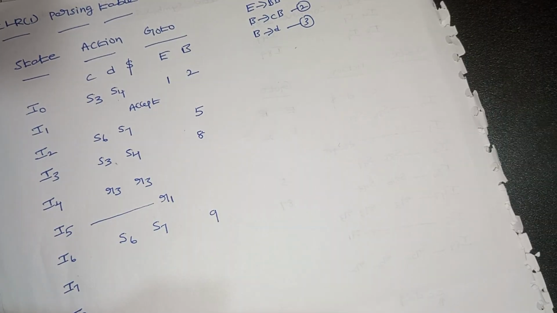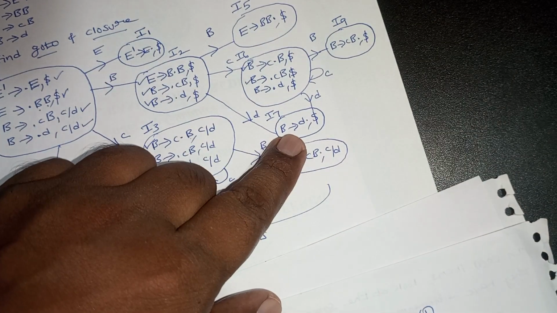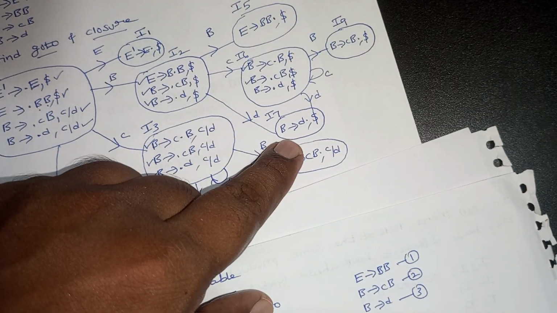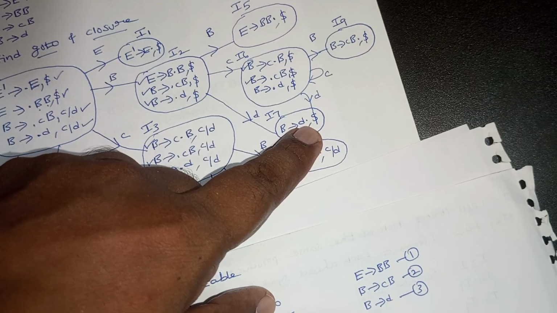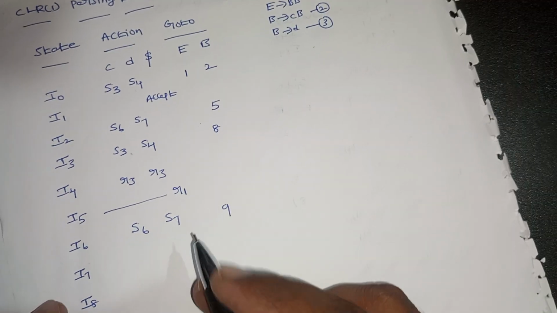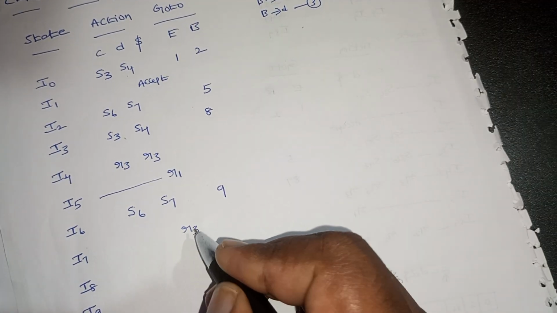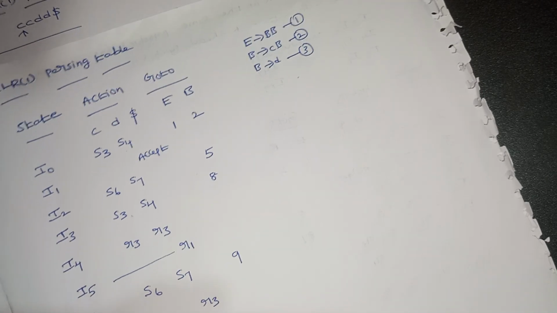What about I7? I7 is R3. What is the lookahead symbol? It is dollar. Where I have to add R3, I have to add it under the dollar. What about I8?